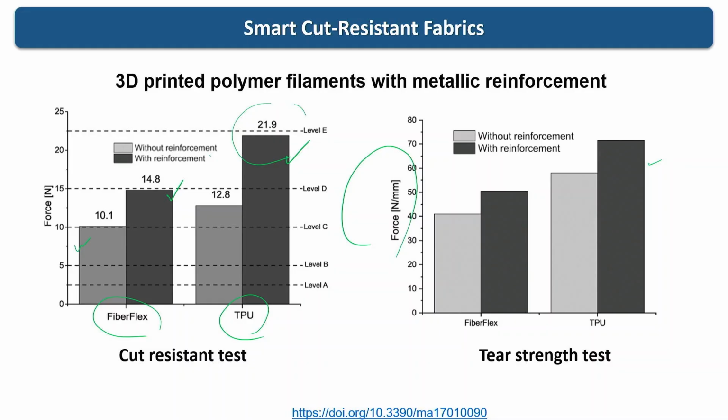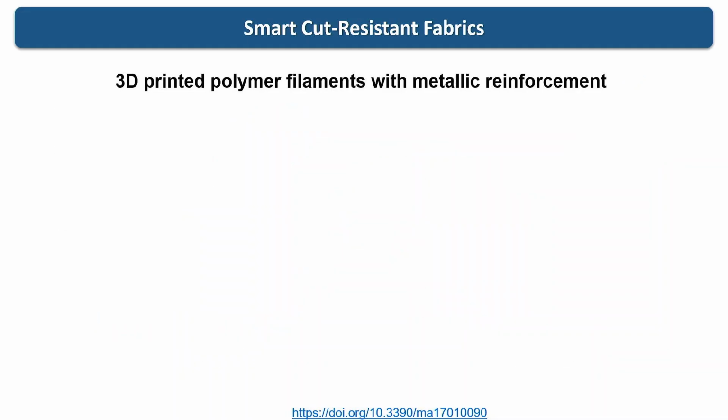So, with reinforcement in 3D printed polymer, if we reinforce with the metal, we can increase the tear strength and this cut resistance. So, both they are increasing.